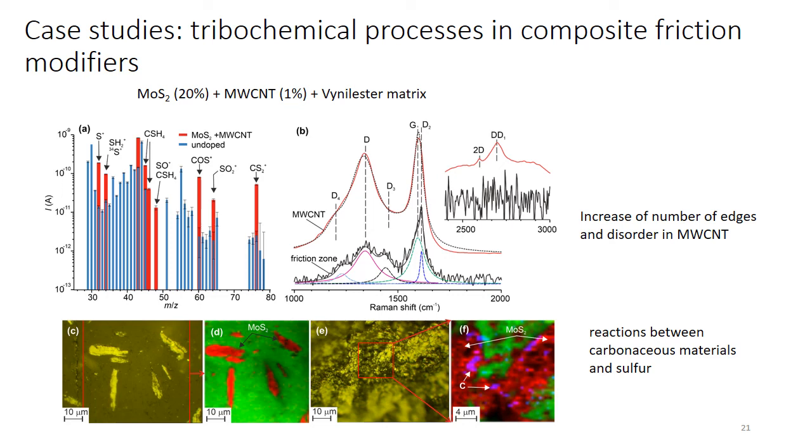You can see the strong increase in the emission of sulfur compounds such as sulfur, sulfur hydride, sulfur oxide, probably some compounds with methyl, and also, very interesting, the emission of CS2 and COS.